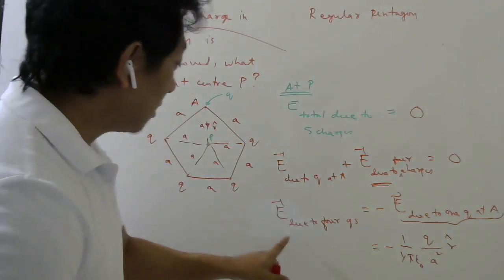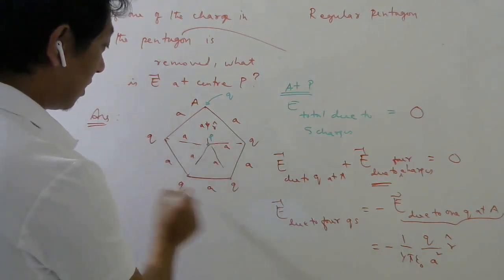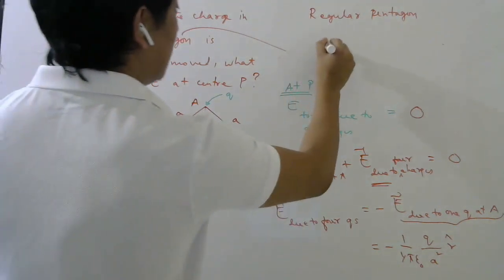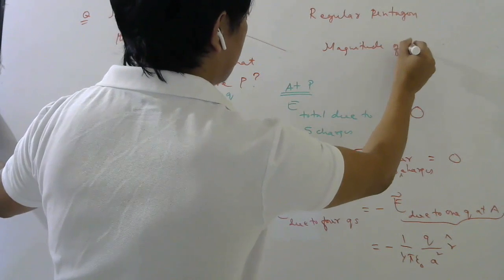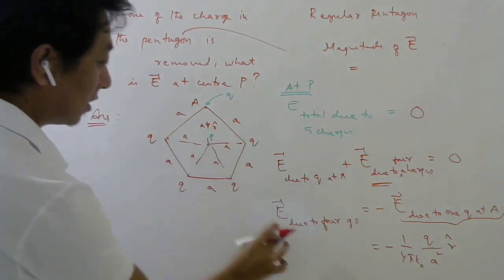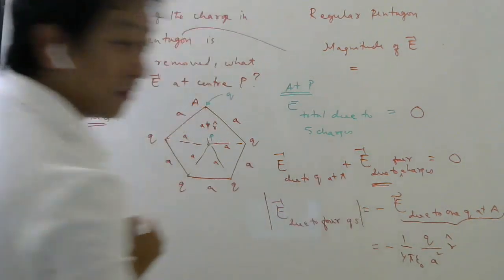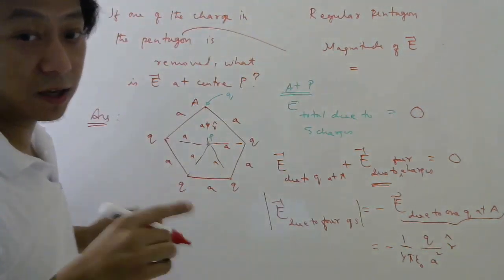So the answer to the question is that the electric field due to these four charges at P is minus of this. Meaning, the magnitude is how much? If you take the modulus, what is the modulus of r cap? 1, because r cap is a unit vector.